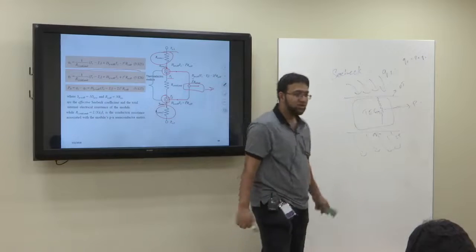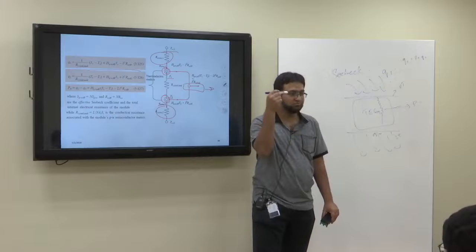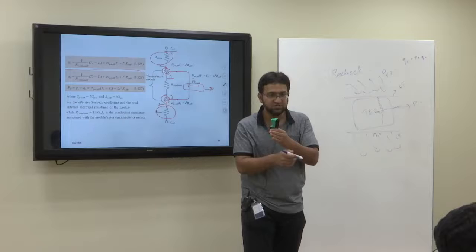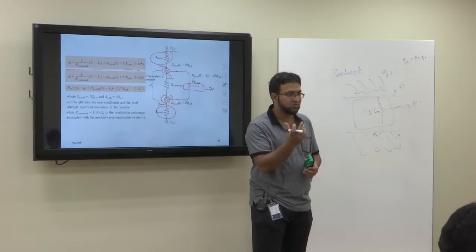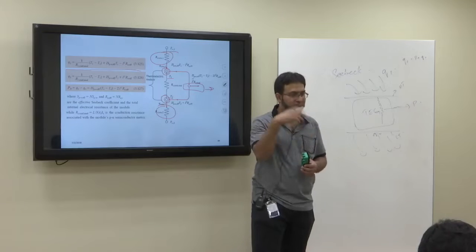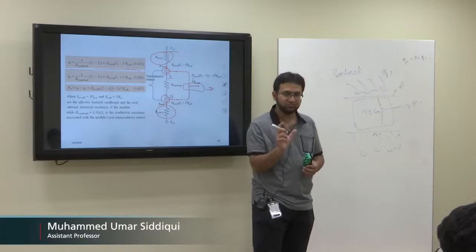Seebeck effect means you have a material, and the material has a property to produce some potential difference because of the temperature difference. So Seebeck effect is basically a constant, and this is a material property. So if you change the material, this Seebeck constant will change.